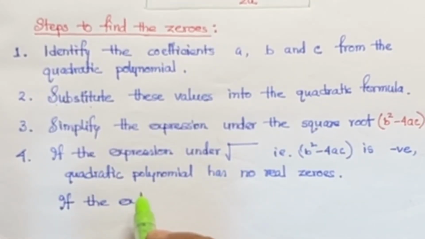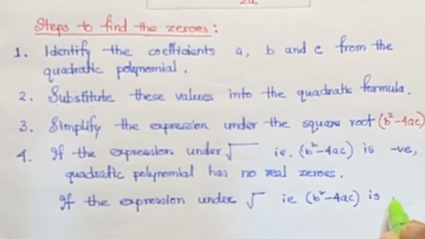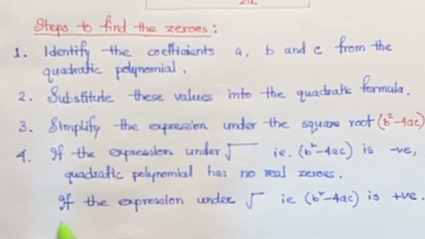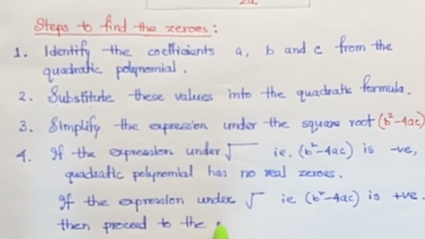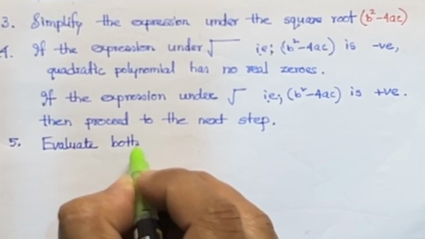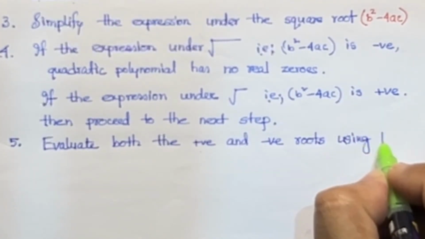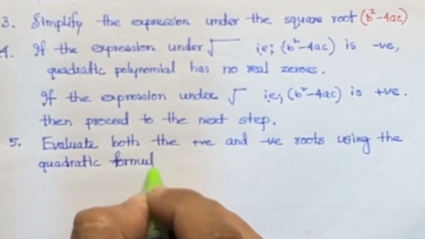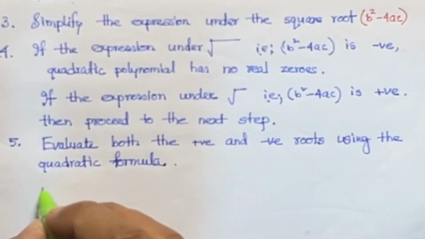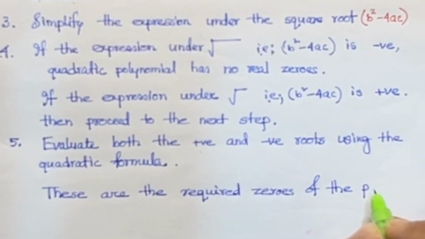If the expression under square root, that is b square minus 4ac, is positive, then proceed to the next step. Step 5. Evaluate both the positive and negative roots using the quadratic formula. These are the required zeros of the polynomial.